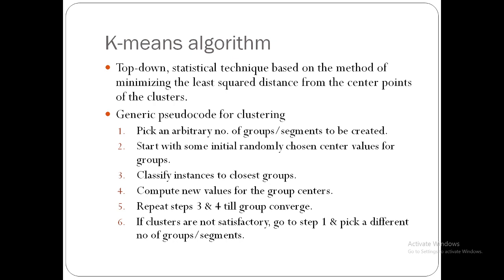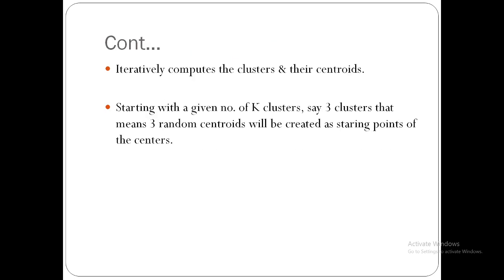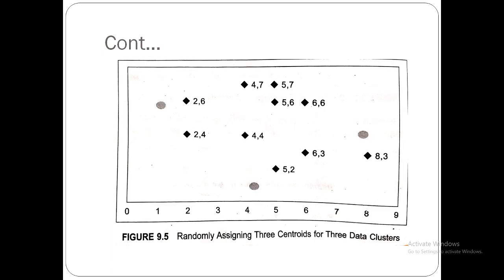How exactly it works, we will see with one example. See, it is also iteratively computing the clusters and their centroids. We'll start with one problem here. 3 clusters are there, 3 random centroids will be created as the starting point of the clusters. Here for this we have to take an input.